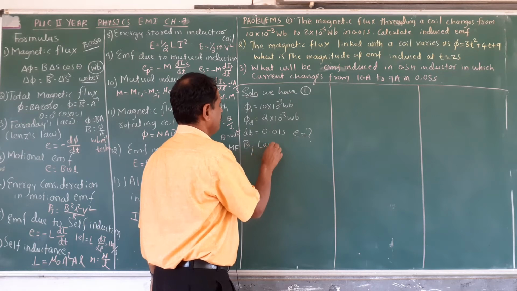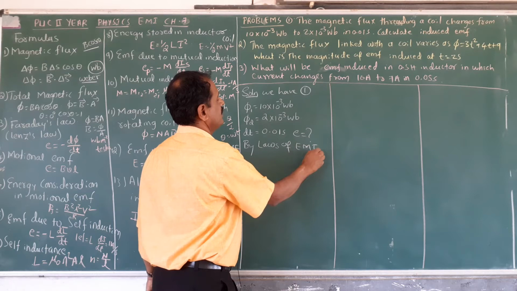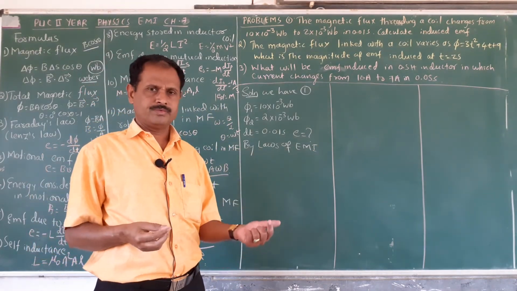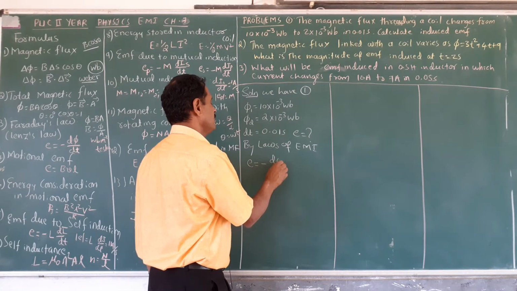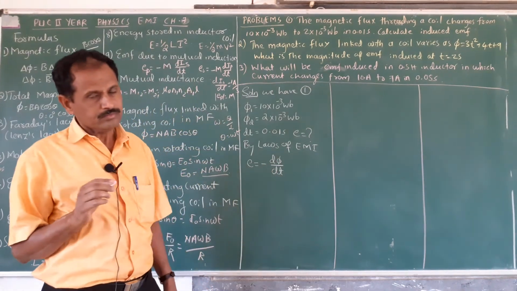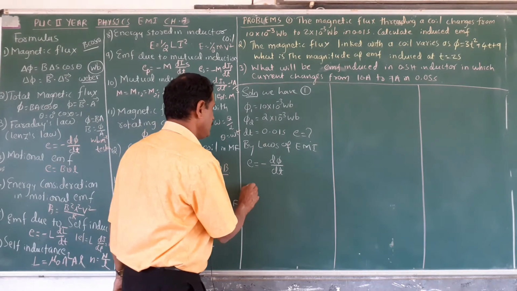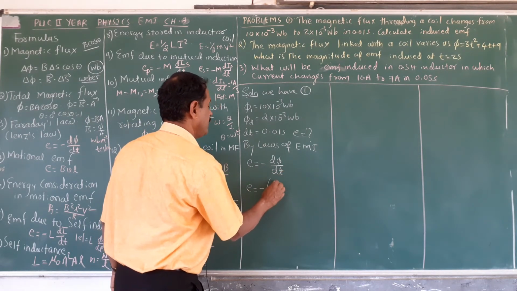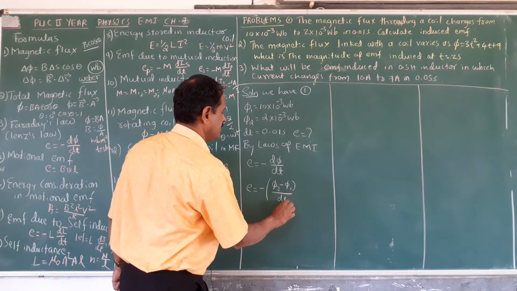By the laws of EMI, that is Faraday's law and Lenz's law, E is equal to minus d phi by dt. This is the formula. E is equal to minus (phi 2 minus phi 1) divided by dt.